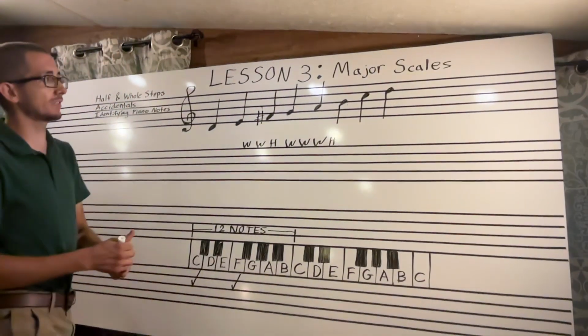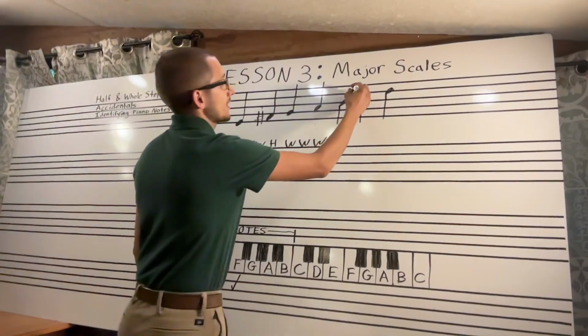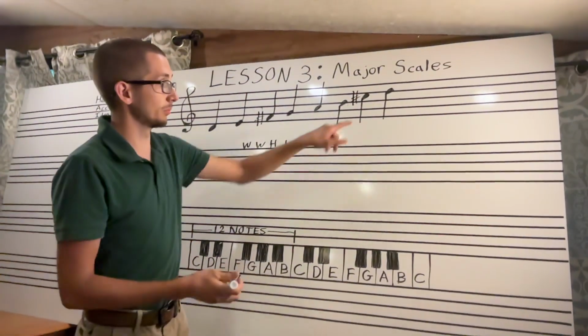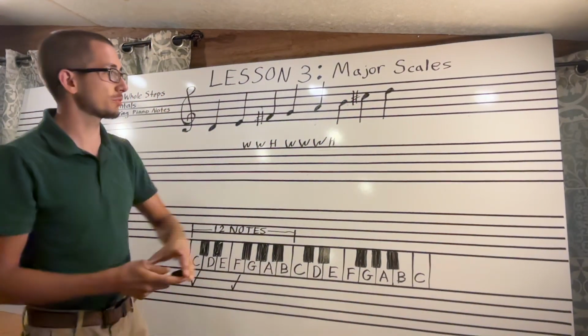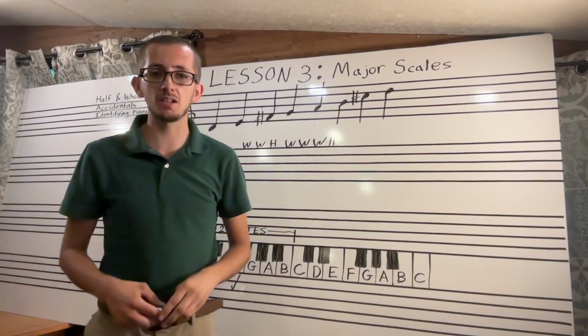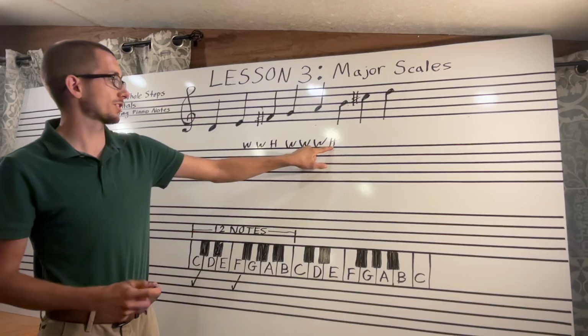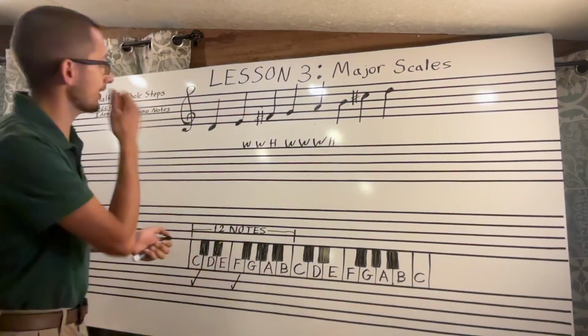So in order to make this C work in our scale, we need to add a sharp sign next to it. And remember, we don't want to call that D flat. We want to call it a C sharp, because we don't want to have a D flat followed by a D natural. And so the last step in our scale is a half step. C sharp to D certainly is a half step.